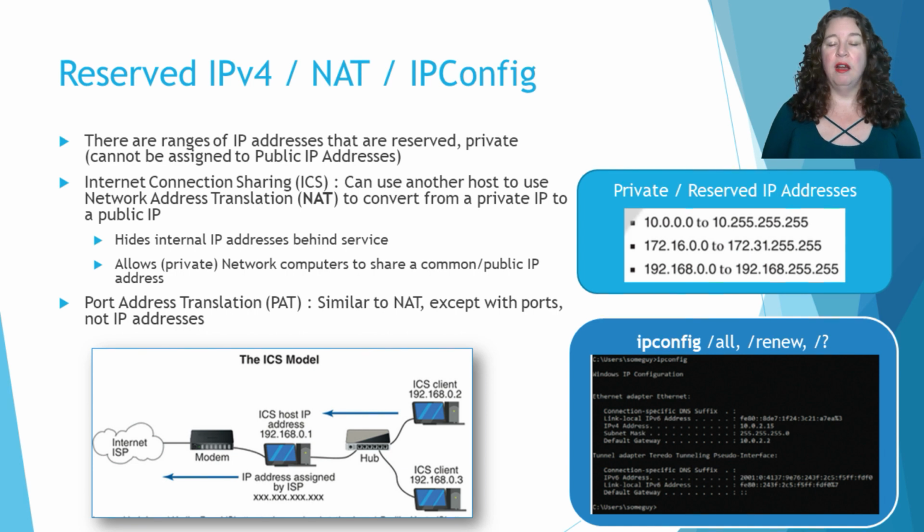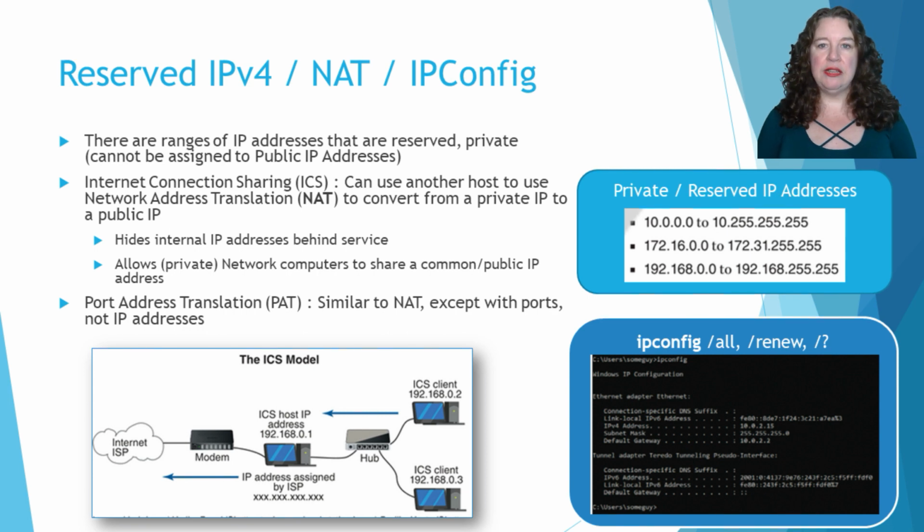When you log in, odds are your IP address is probably a 192.168 number. It might be a 172.16 number, and it might be a 10.00 number. These are possible reserved private IP addresses. The default for most Class C home networks is going to be your 192.168. Usually 0 or 1, and then 1 is going to be your router. This is pretty common, and this is a default.